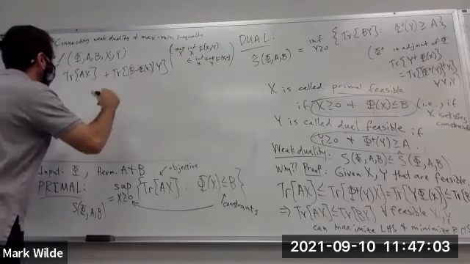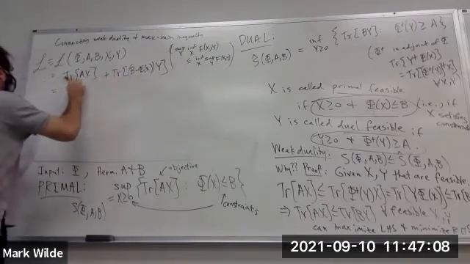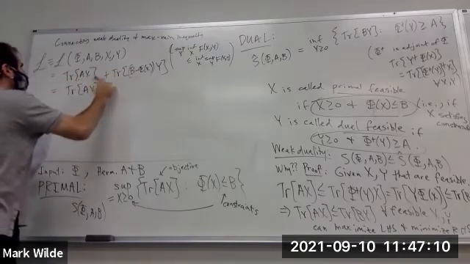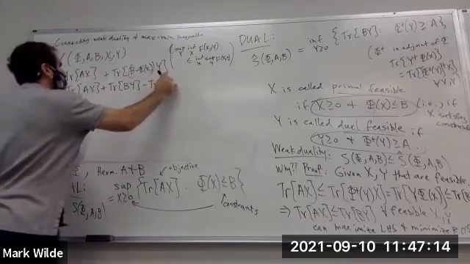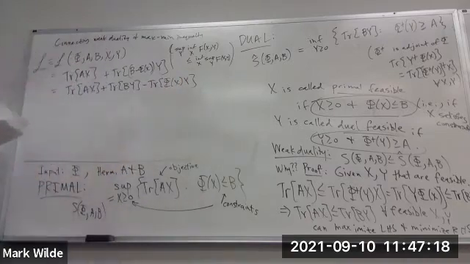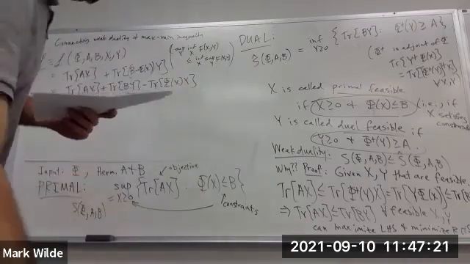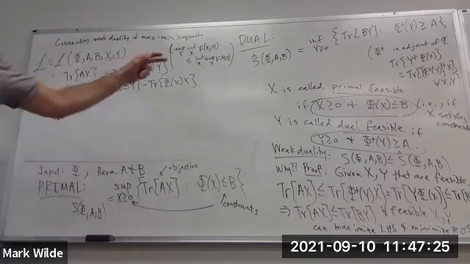And then another way of writing it, if we just do this algebra, trace AX plus trace BY minus trace YX. That's the way of writing. Okay, so those are 2 ways of writing it.